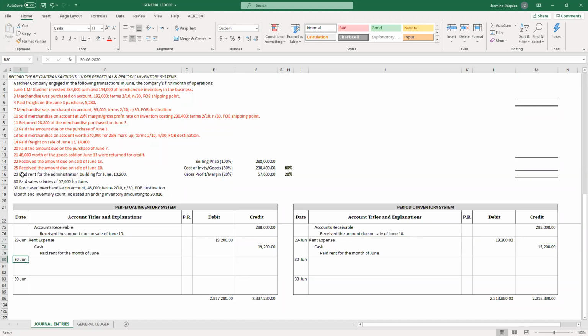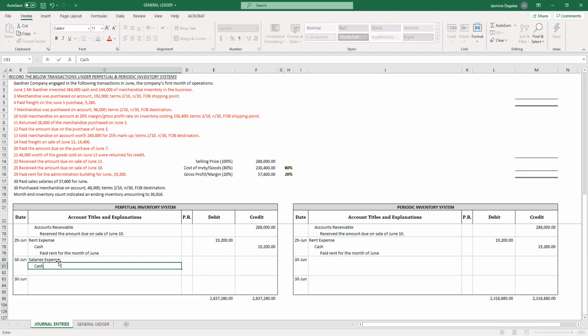So, next is paid sales salaries of 57,600 for June. Debit. Binayaran daw niya yung salaries. Ano yung debit? Salaries expense. Credit, cash.